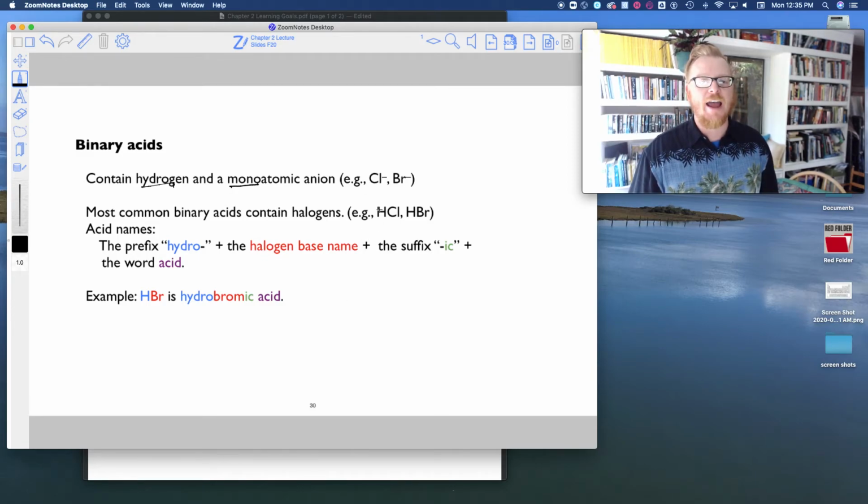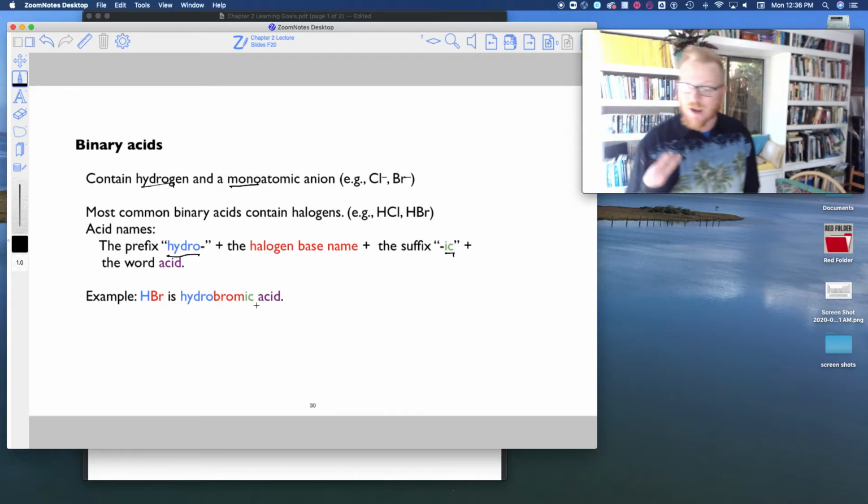So for example, if I have HCl, the first thing that I do with binary acids is hydro, and then the halogen-based name, which is chlorine, except for now I don't do "-ide", like chloride, right, for the ionic compound. Instead, I do "-ic". So it would be hydrochloric acid. Or in the case of HBr, hydrobromic acid.